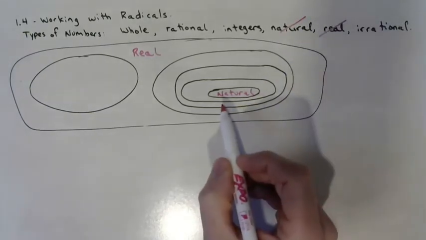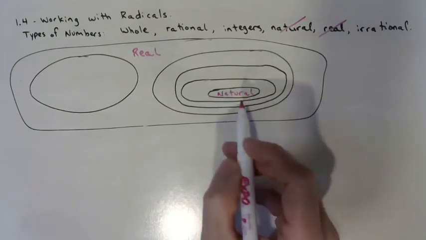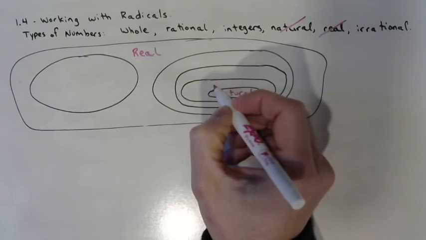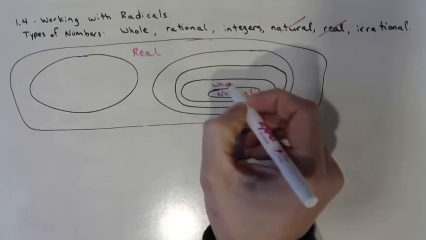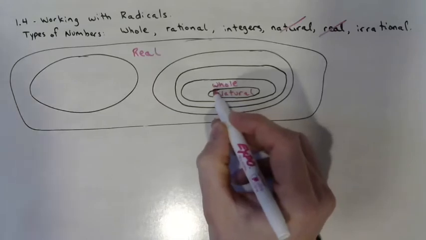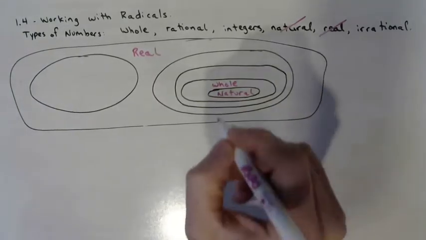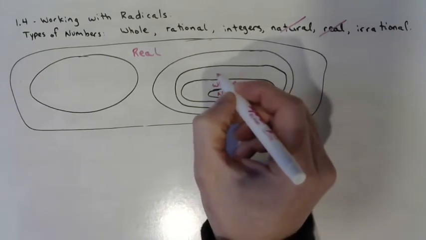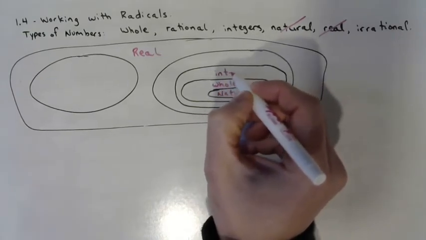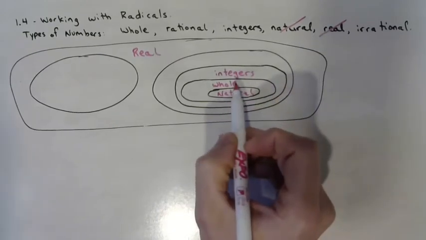Now, if you add one more number to the list of natural numbers, you get all of the whole numbers, which is all of the natural numbers and 0. So now we have 0, 1, 2, 3, 4, 5, 6, etc. The next step includes all of the negative numbers, which is then all of the integers. This is positive and negative whole numbers, including 0.